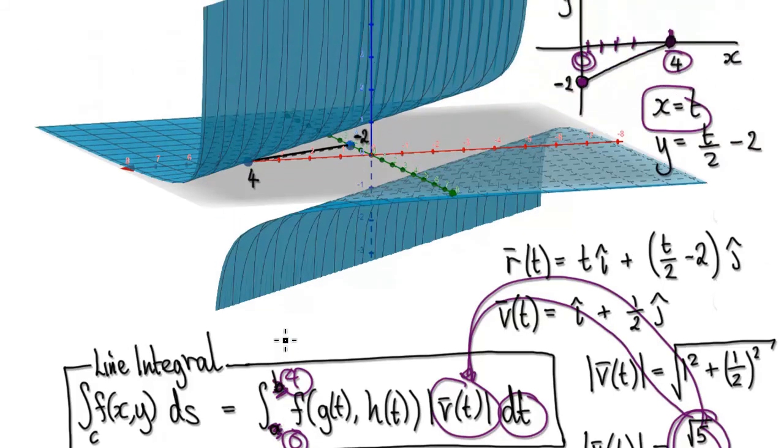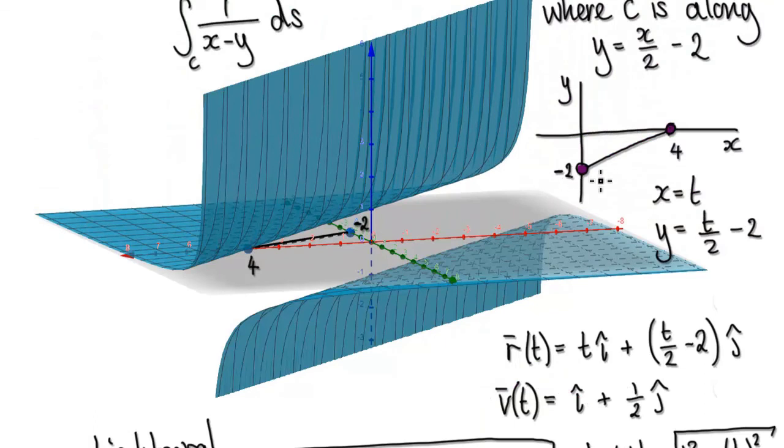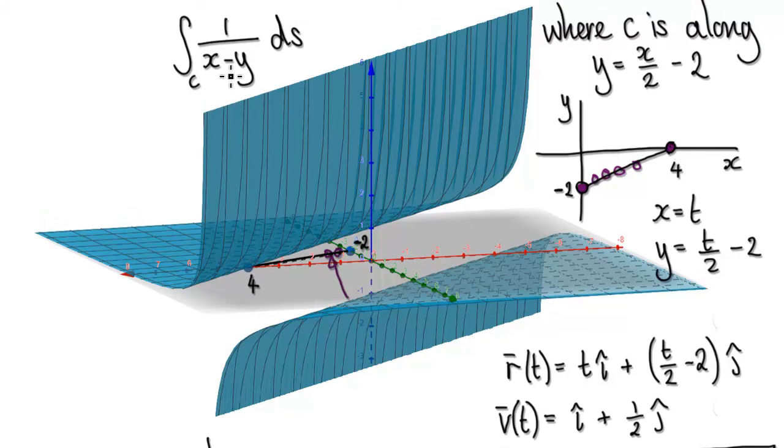What that means is, as the particle is moving along here, once we know this location, we need to put it into the surface in order to obtain the height from the ground level to the surface.